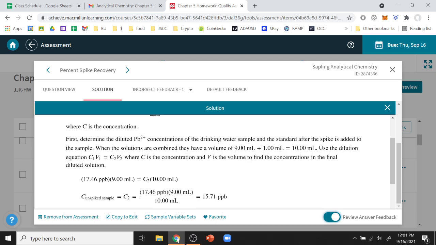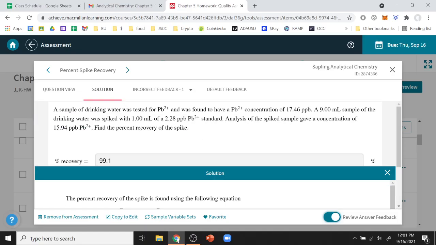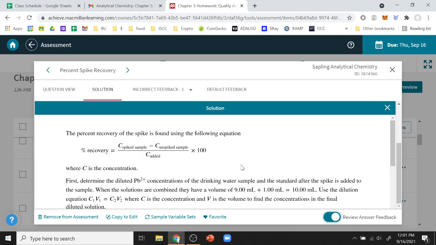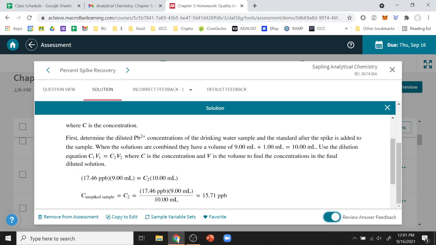That sample after it's spiked is going to have a combined volume that's this value right here. The 9 milliliters that you saw right here was spiked with 1 milliliter right here. And so that gives you a total of 10 milliliters after you've put these two things together.